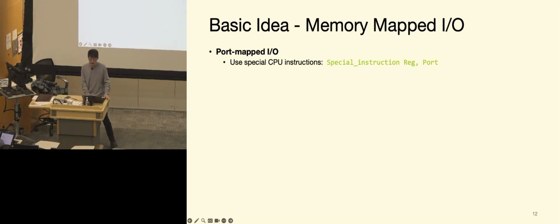For example, the Intel x86 uses a separate address space for the input and output devices, as compared to our case, where everything is treated the same as a memory location. Port-mapped I/O structures need special instructions to access these input and output ports.